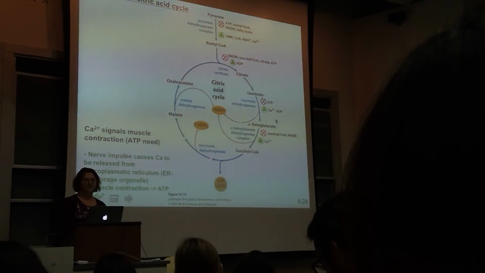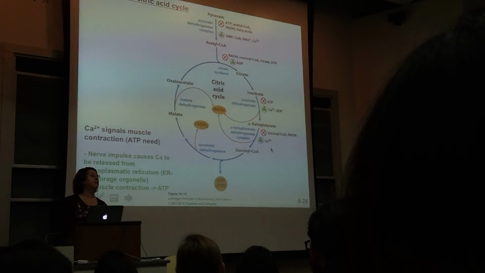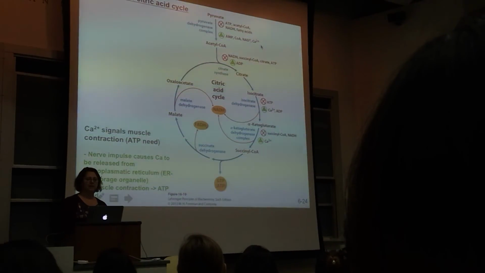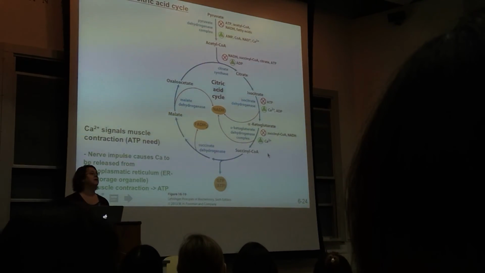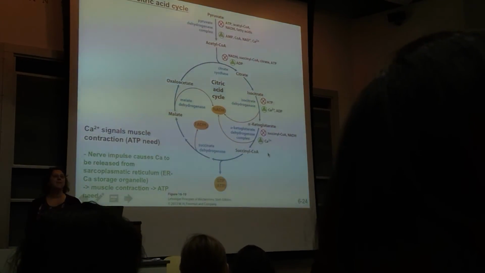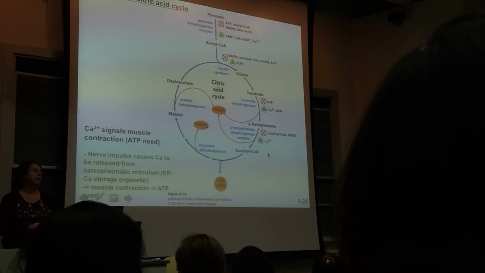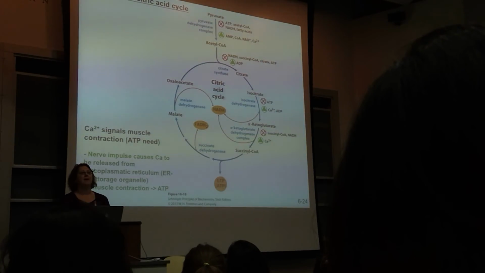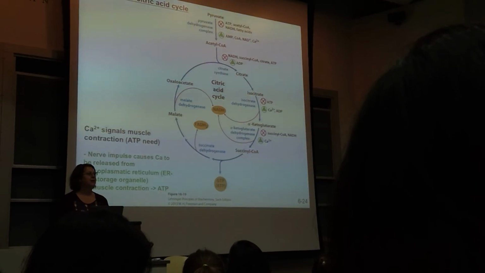So calcium would act similarly to ADP or on its own. And again, it's acting at almost all of these levels. So here's calcium, here's ADP, calcium and ADP, calcium. Whenever we're talking about the need for ATP, we might need it for a number of different things, but one of the things that we already talked about was muscle contraction.